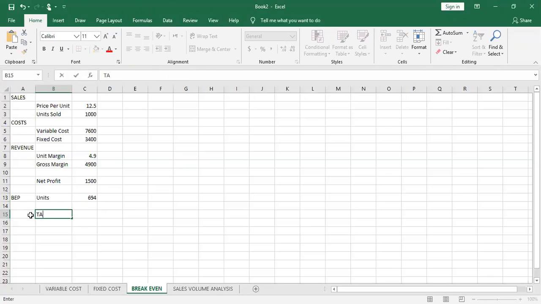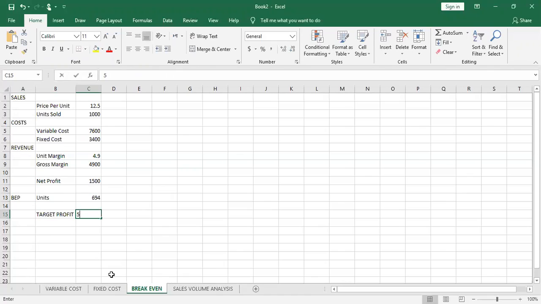Let me say target profit. So assuming that I'm targeting a profit of 500, how many units do I have to sell? This 694 is what I will sell not to make a profit and not to incur a loss. But if I want to make a profit of 500, then what will be the units to sell?